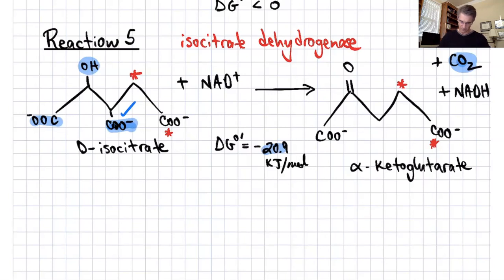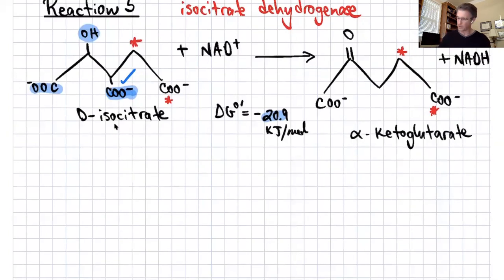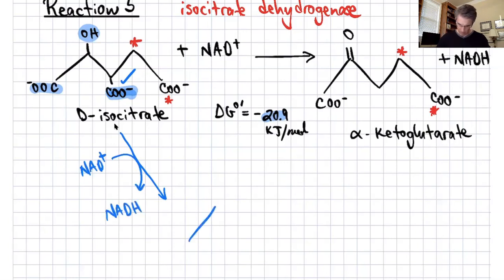Now, this looks straightforward, and it is really straightforward, but there's an additional step in here. It's a two-step process: the formation of the ketone followed by the decarboxylation reaction. All of it happens in the active site of the enzyme. In the first step, the enzyme takes NAD+ to make NADH, to form our beta keto acid that we've been talking about.